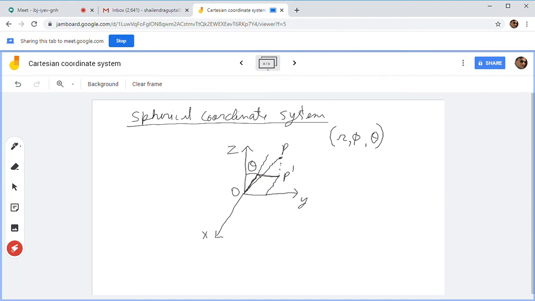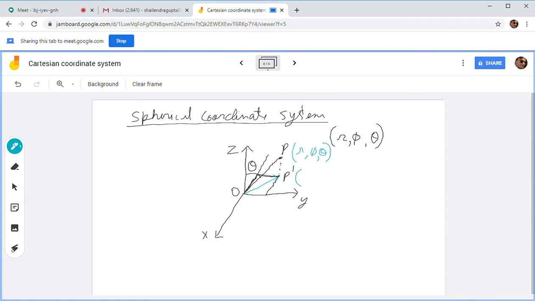Phi is the same thing. We take the reflection of this OP onto OP dash. So let me make this with different ink. So this is your reflection of OP onto OP dash. So P dash, if P is called R phi theta, then what will be P dash?